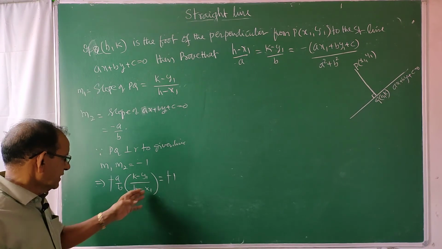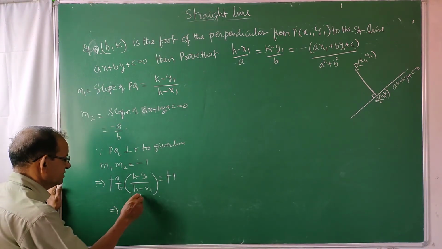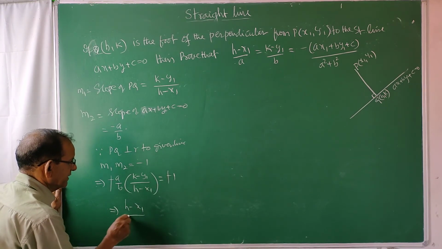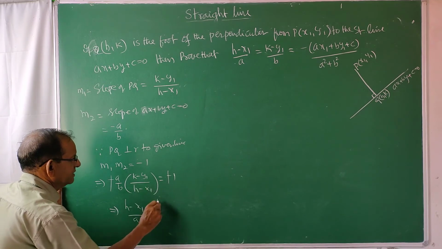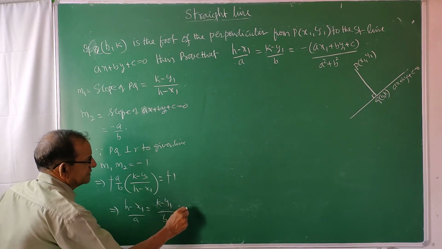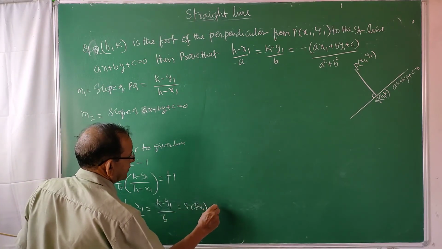So bring h minus x1 to the other side by mutual interchange. That implies (h minus x1) into 1 by a is equal to (k minus y1) by b. Let us take this as R. Say you take this result as 1.